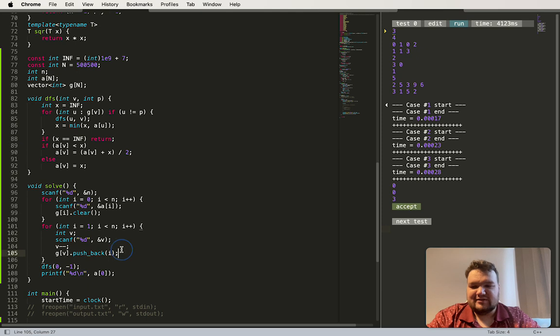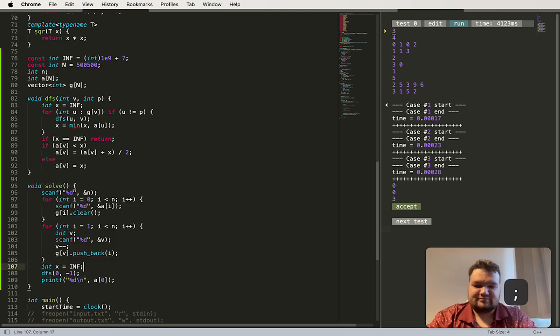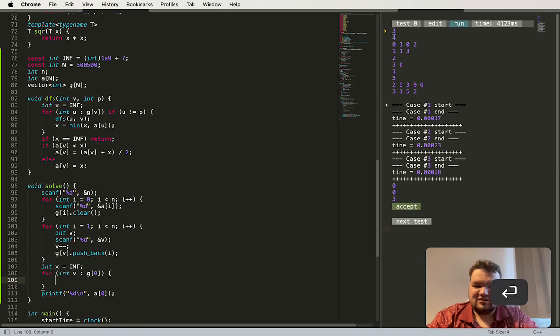So instead of doing this, we will iterate over all the sons of the root and calculate the dp's there. Actually, I don't need to store the parent, right?